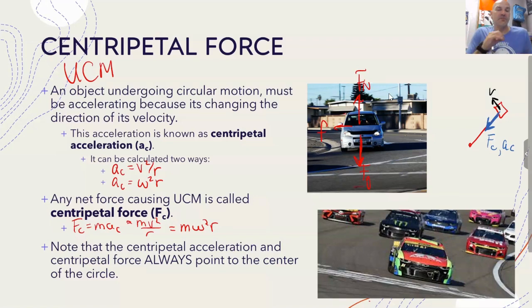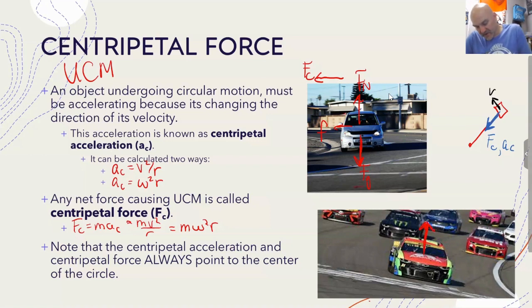But something to note is that the centripetal force is not a force drawn on the free body diagram. It is the result of all the forces that are acting. And so my F c would be hanging out up here, because I know that F c is a net force. It is not a force like friction or normal force or weight, but it is a net force.